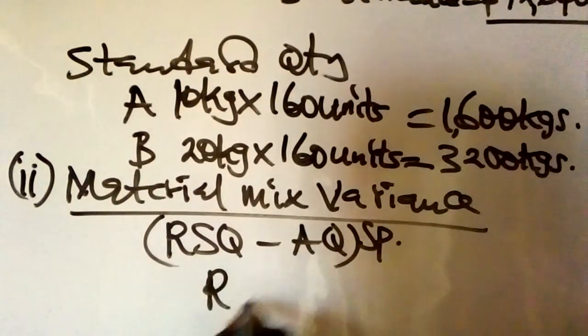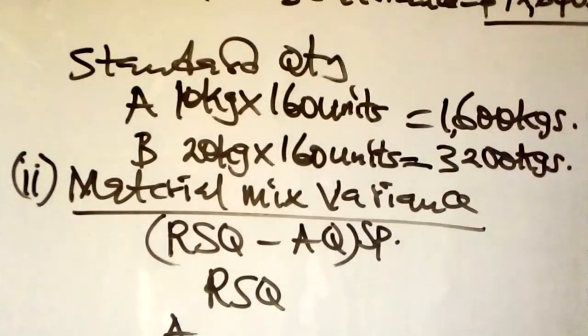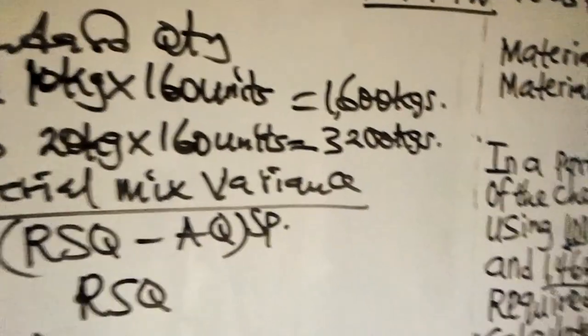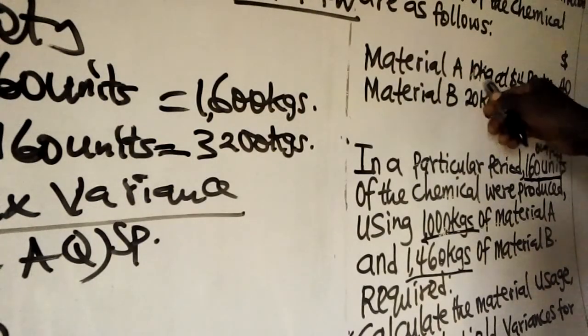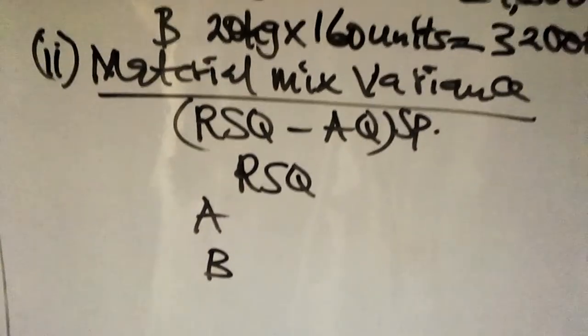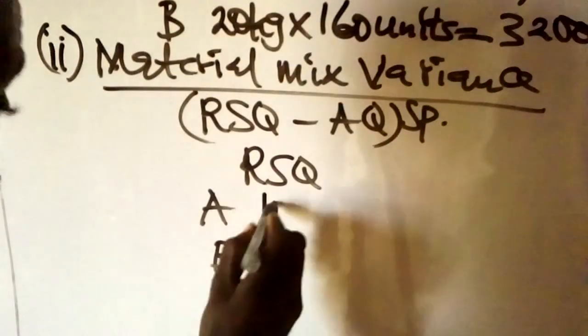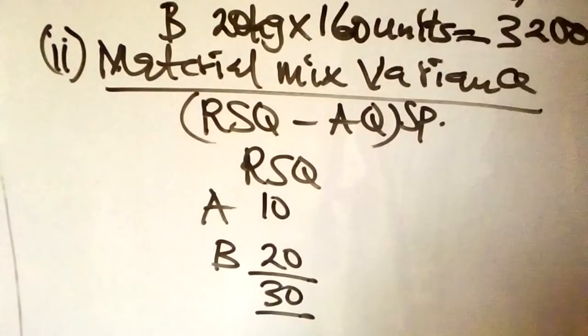Now let's compute our revised standard quantity. You have two materials, A and B. What is the standard quantity of the materials? For A, you have 10 kg and B 20 kg, total 30 kg.